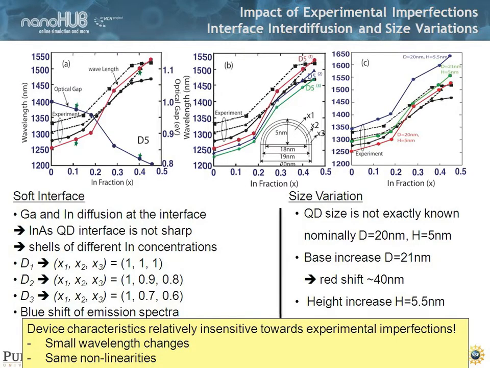Overall, these device characteristics are relatively insensitive towards experimental imperfections, with small wavelength changes and the same nonlinearities. We didn't just hit a lucky spot where we matched the experiment; ballpark, you would come to the same conclusions even if you had small variations in height and base width or interface details.